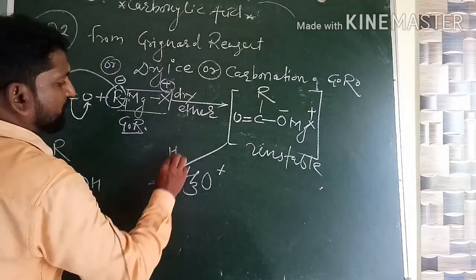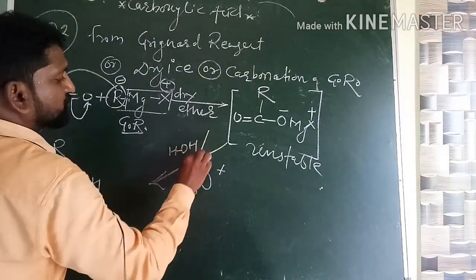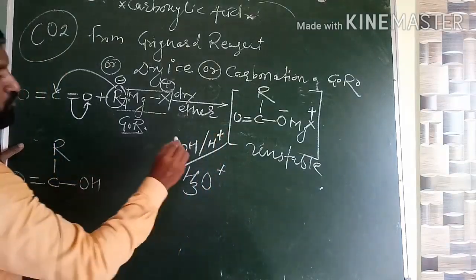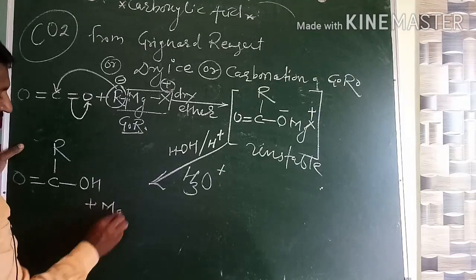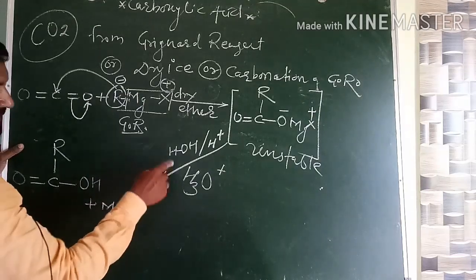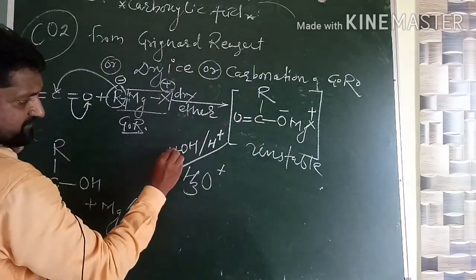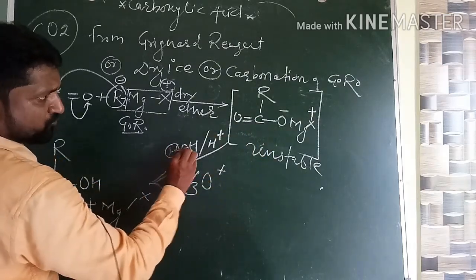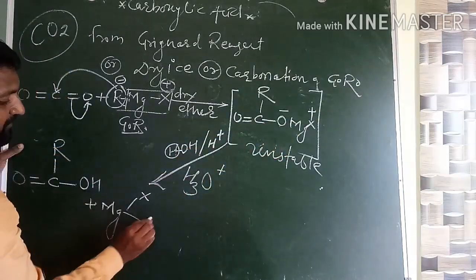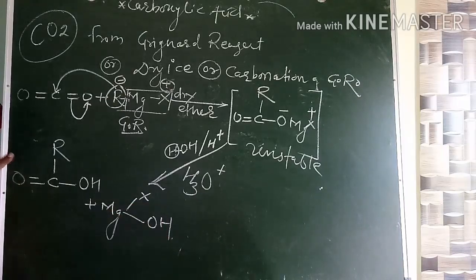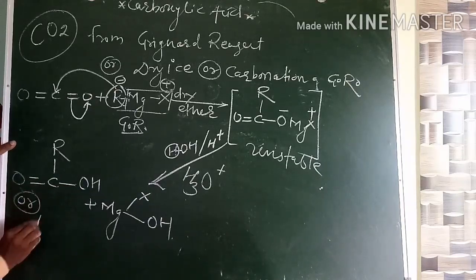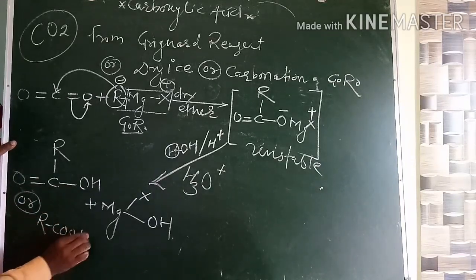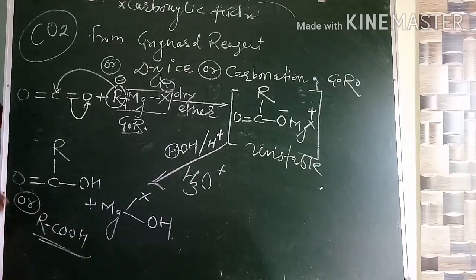It means addition of water in the presence of acid. One H goes here, this OH goes with the magnesium, which is divalent. What is this? RC double bond OH. Can I write like this? RCOOH. Yes, it is the carboxylic acid.